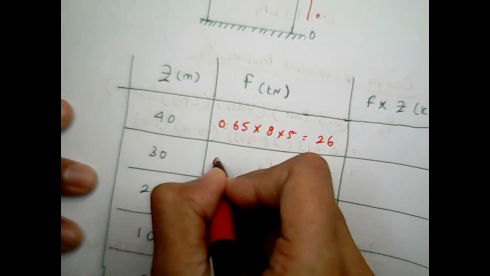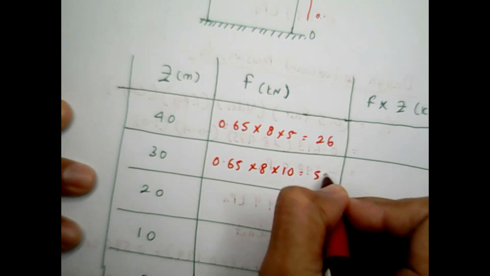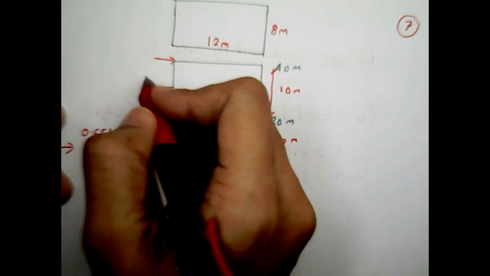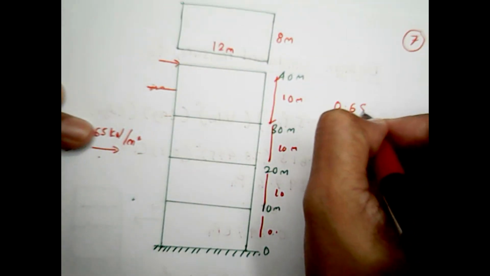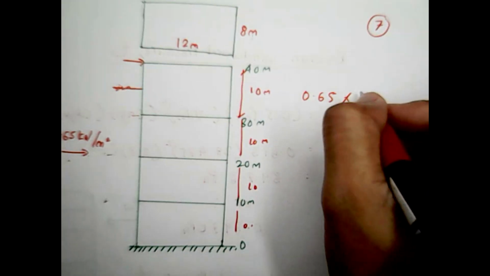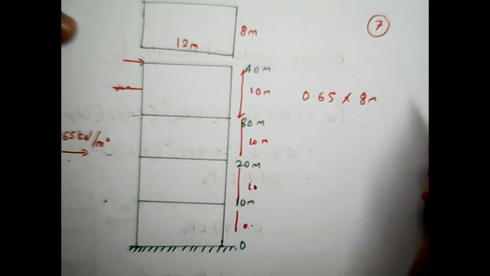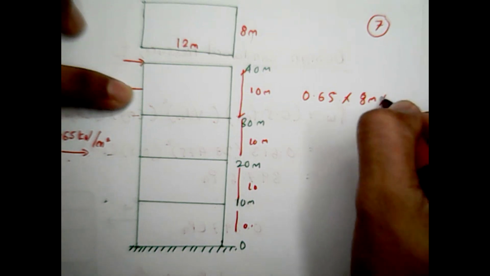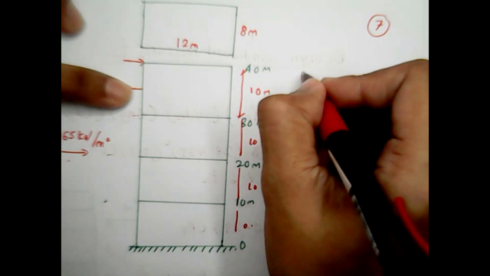And for 0.65 times 8 times 10, you get 52. Why times 10? Because here they are sharing. Another way you can see that, meaning 0.65 times the width, which is 8 meter, and then you times with 10 meter divided by 2 to get your force.